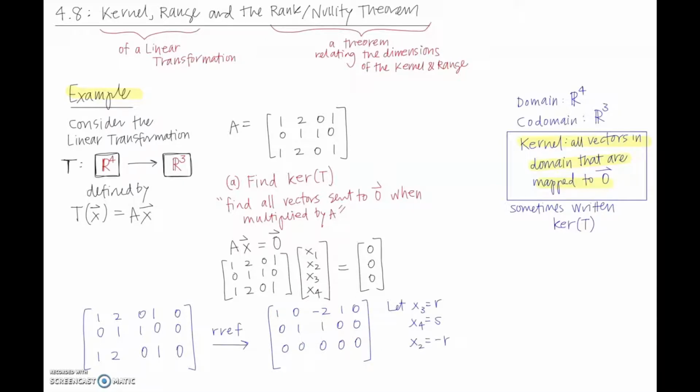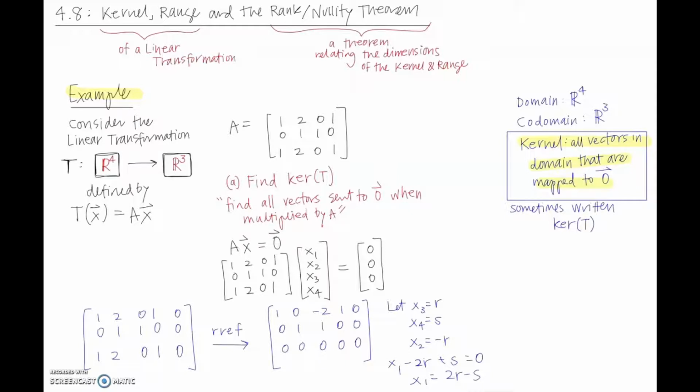And the top row tells us that x1 minus 2x3 plus x4 equals 0. And x3 is just r, and x4 is just s. So we can say x1 equals 2r minus s.